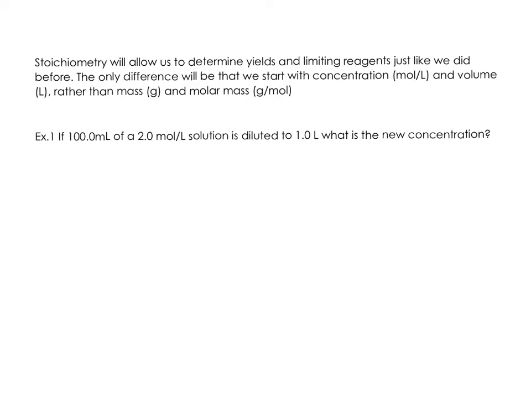Okay, number 1. If 100 milliliters of a 2 mole per liter solution is diluted to 1 liter, what's the new concentration? This is a case of dilution, and if you remember, the number of moles of our solute don't change because we're only adding water. So C1V1 equals C2V2.